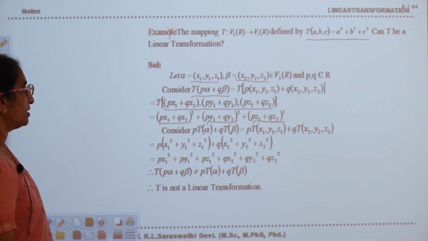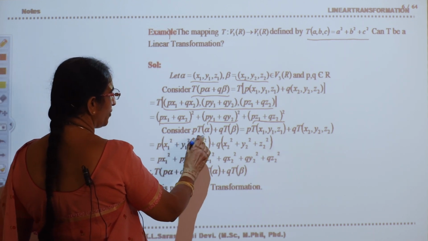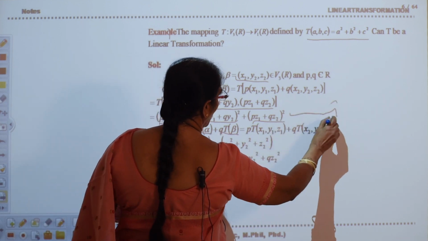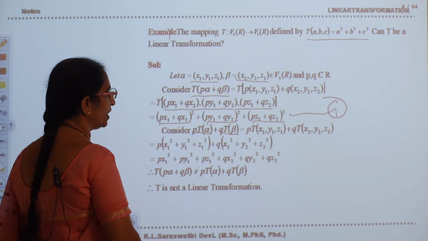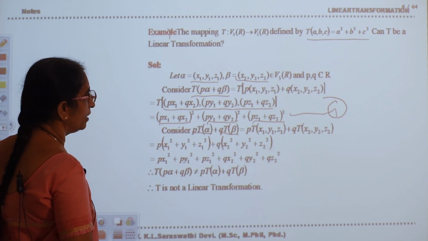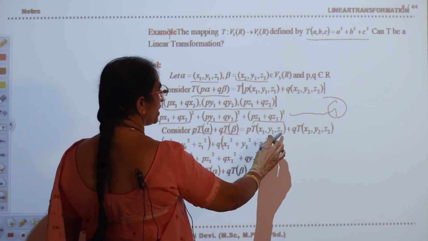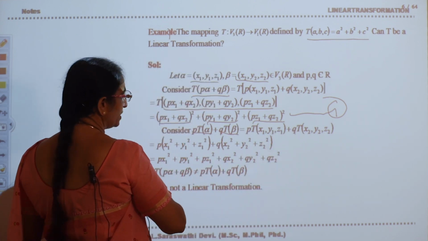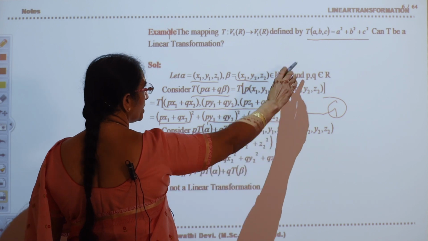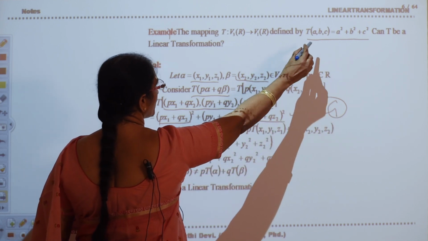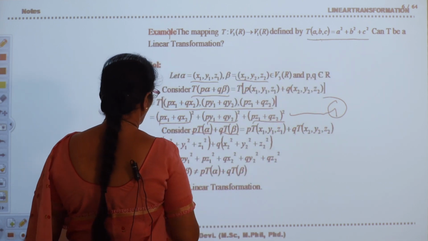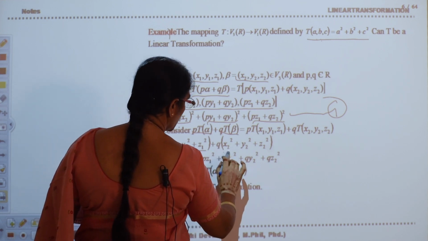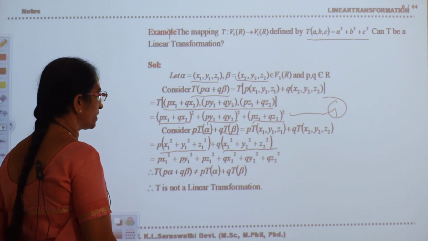Now again consider p into T of alpha plus q into T of beta. Keep it as 1, and now you are considering p into T of alpha plus q into T of beta. That is p into T of (x1, y1, z1) plus q into T of (x2, y2, z2). T of (x1, y1, z1) is x1 square plus y1 square plus z1 square according to this operator. Therefore, p into (x1 square plus y1 square plus z1 square) plus q into (x2 square plus y2 square plus z2 square).